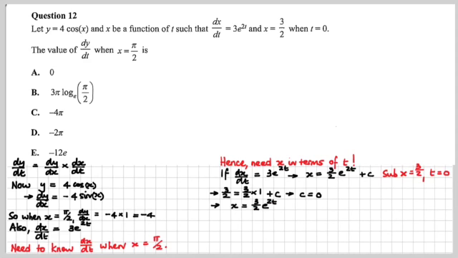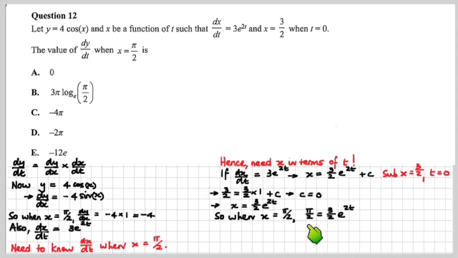Now, this is looking a little bit more promising. We know that x is pi on 2, so how can we get the t unravelled out of that? Well, t would be the only unknown, wouldn't it? But let's go for it and see where that takes us. So when x is pi on 2, we know this is occurring. Now, by doing a little bit of lateral thinking, you can see that dx by dt is 3e to the 2t.